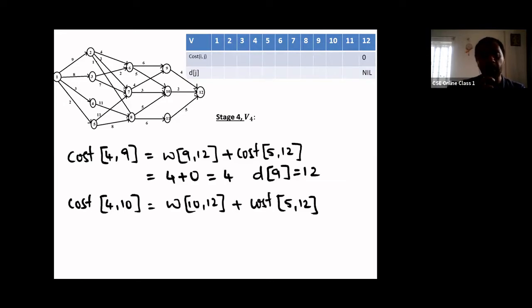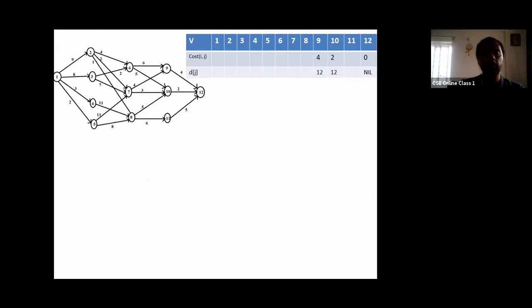So it is the weight of connecting from 10 to 12 plus cost of 5th stage vertex 12, which can be given as 2 plus 0. So the next direction from 10 will be vertex 12. Am I right? Are you following? Yes, sir. So similarly you can keep filling the table. So we get cost of 4 comma 9 is 4, cost of 4 comma 10 is 2. We have filled the respective values, and the direction in which they are connecting is node 12.